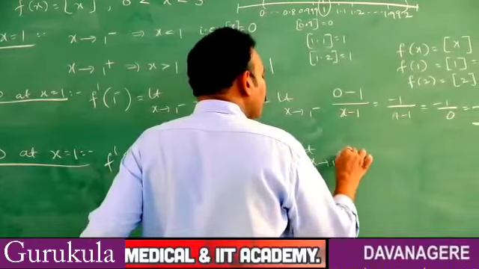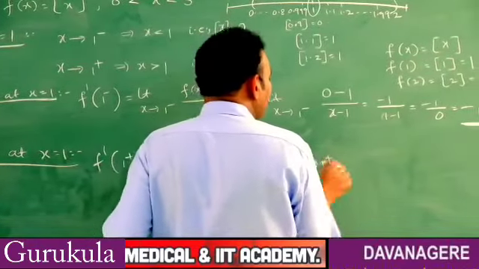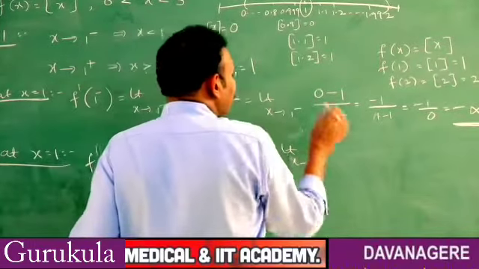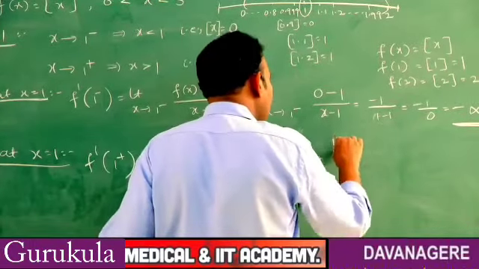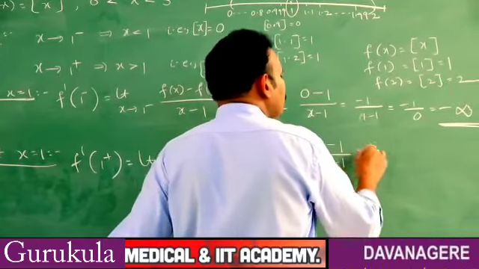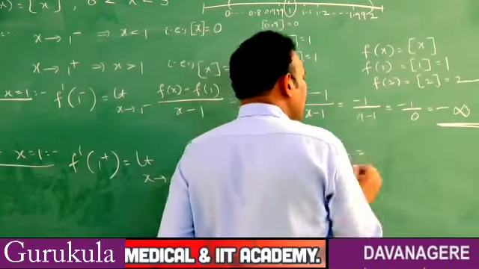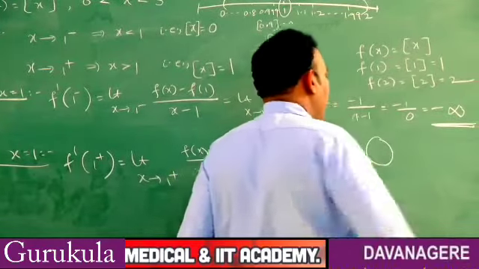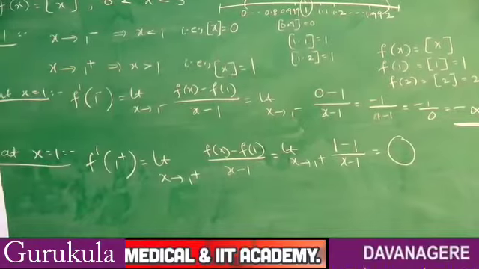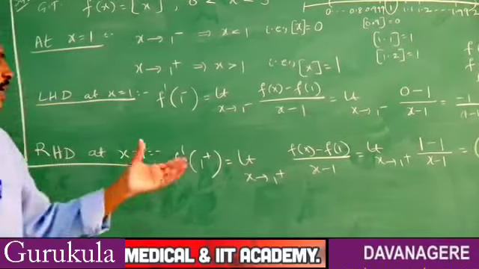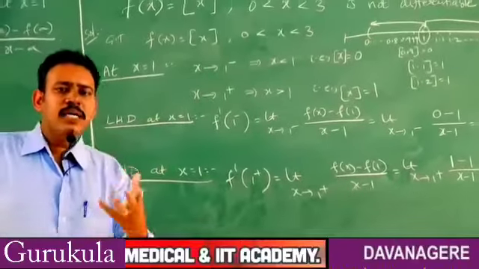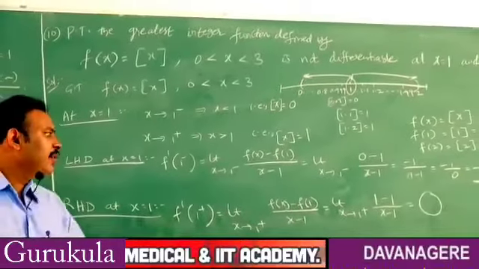Limit x tends to 1 plus means x is greater than 1, the step function of x value is 1, minus 1 by x minus 1. This value is 0. 1 minus 1, 0. So the left hand derivative value is minus infinity, and the right hand derivative value is 0.